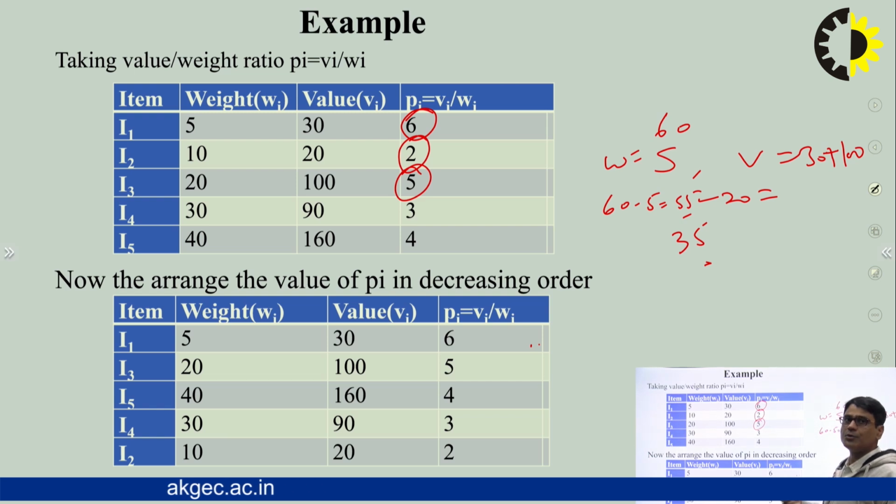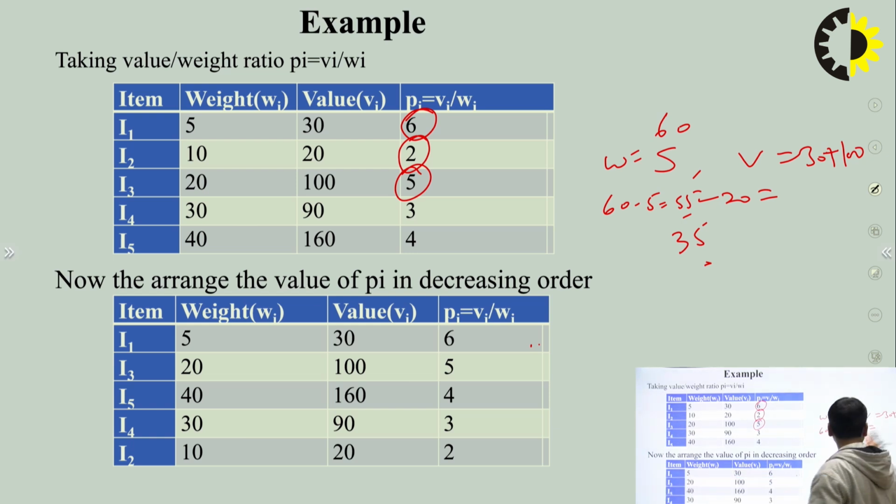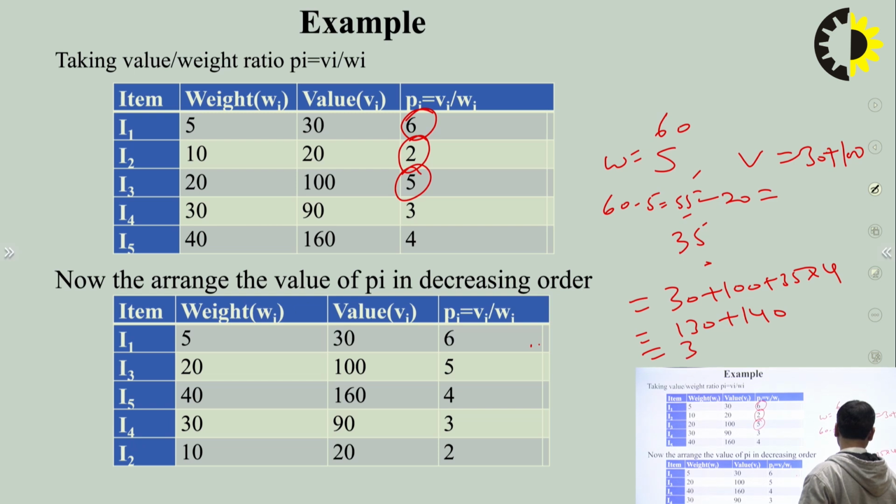You cannot accommodate all 40. Then you have to find out the profit of 35 items. You have to pick 35 items and the total profit equals 30 plus 100 plus 35 into 4. That equals 130 plus 140, that equals 270.